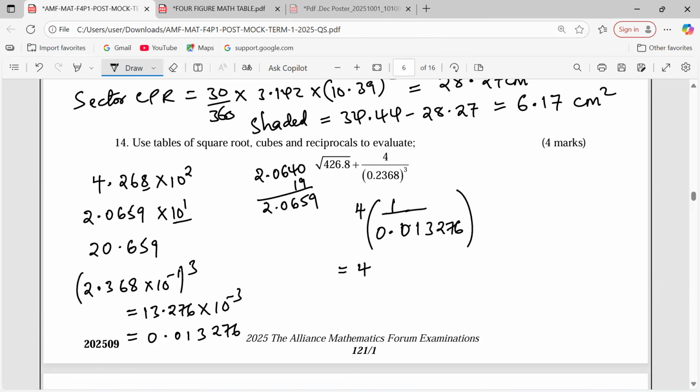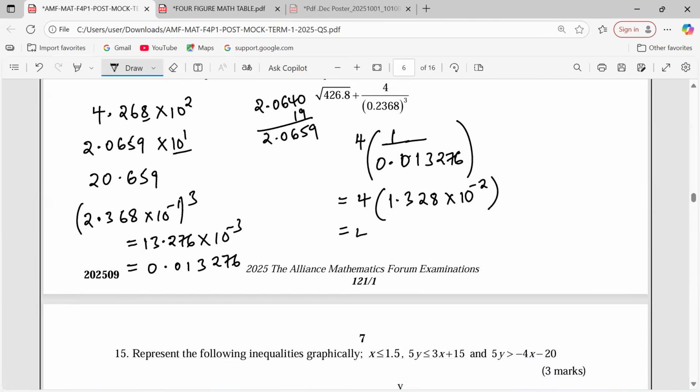We first write it in standard form as 1.3276, which rounds to 1.328, times 10 power negative 2.